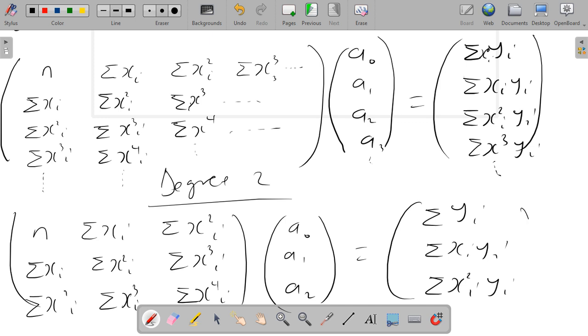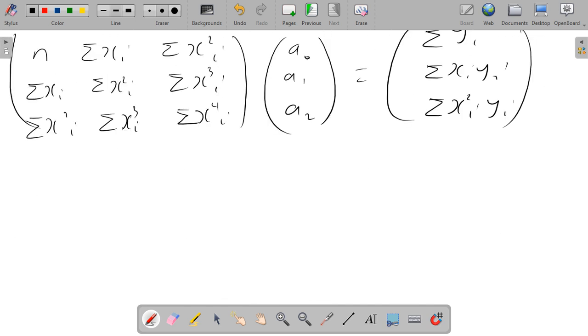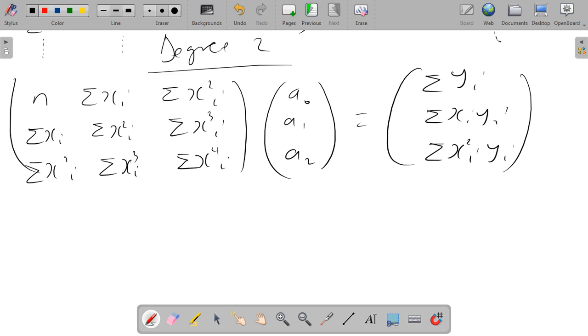Okay. So the same method again. Row multiplying column. Don't forget, in matrix, that's how it is done. So the first row will multiply the first column, and so on, and it will be equal to the first line on the right.